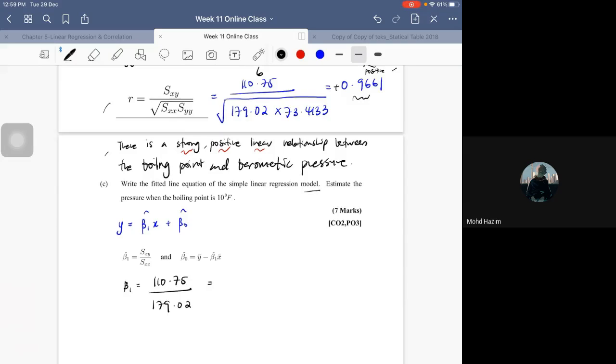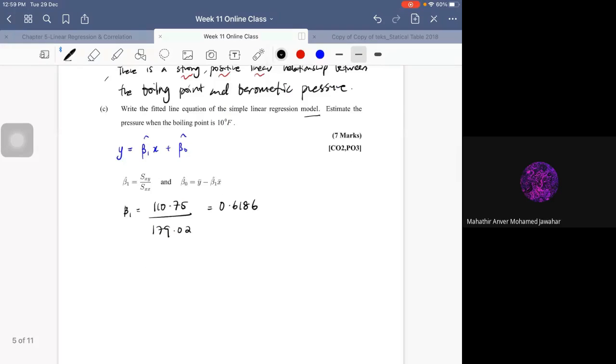What value do you get out of that? 0.6186. Okay, it's going to be 0.6186. So that is going to be my value of beta 1. And then next, I'm going to find the value of beta naught. Beta naught is given by this formula. It's given by y bar minus beta 1 of x bar.